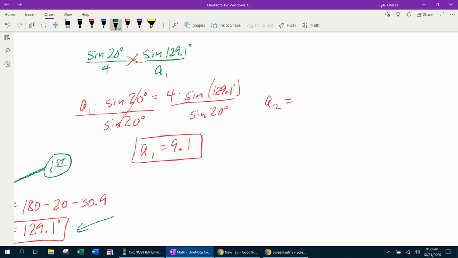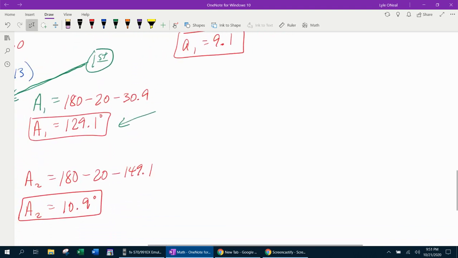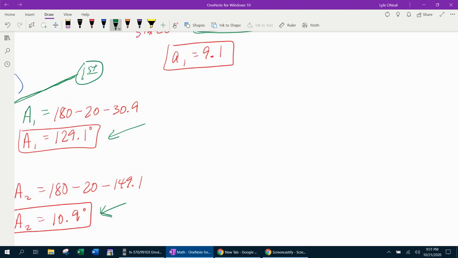I would like to make you aware of a shortcut here. This set of button pushes right here, we're going to recycle that. Remember, this was angle A1. Now all we have to do is substitute in its place angle A2. And so what was angle A2? That was 10.9.